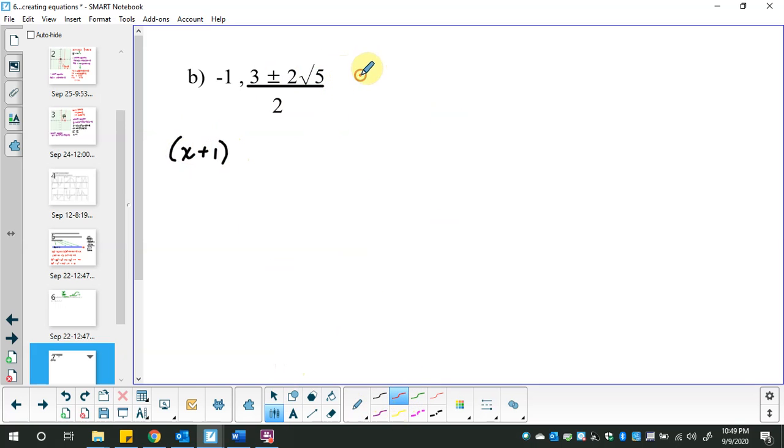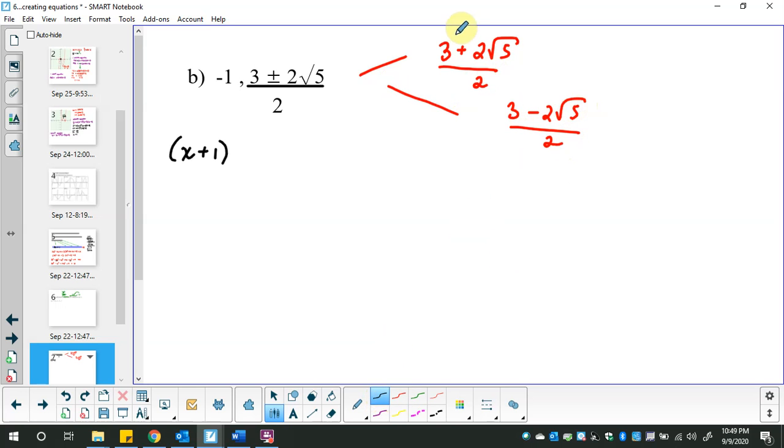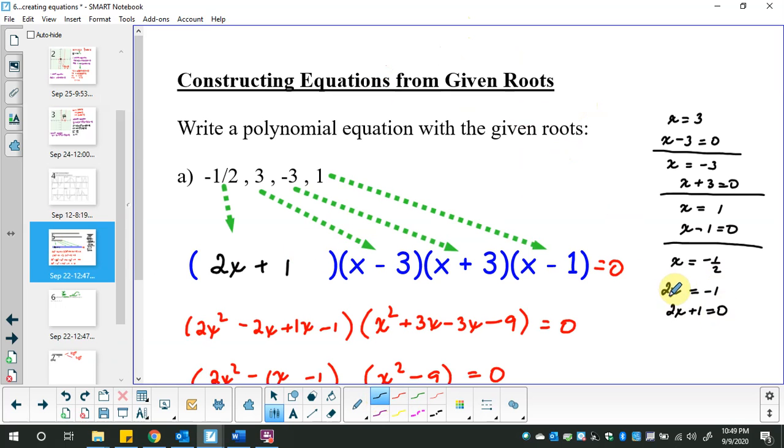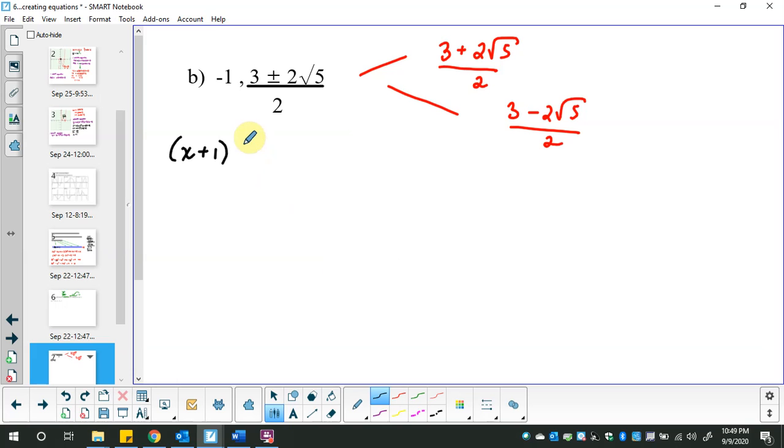Actually, it's second and third, because we've got 3 plus 2 root 5 over 2, and 3 minus 2 root 5 over 2. So that over 2 is the same thing as the over 2 here. So I know that it's going to pop up with the x, and I realize that's not very mathy.